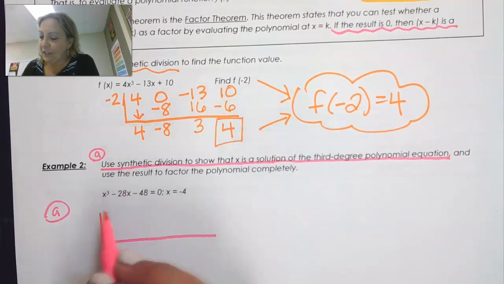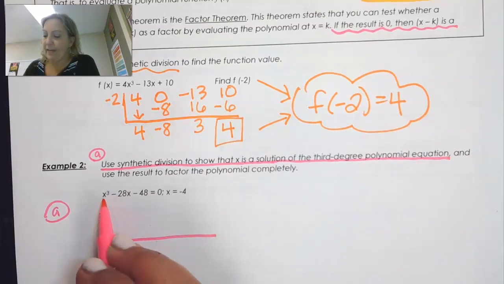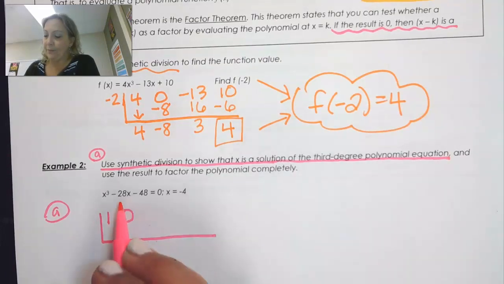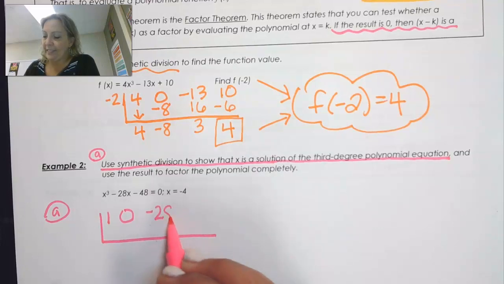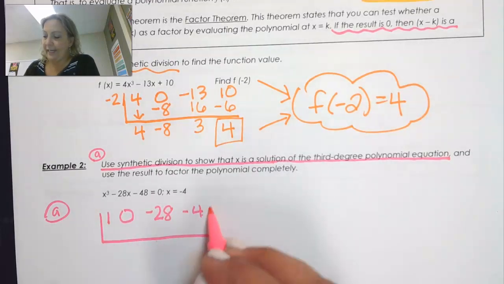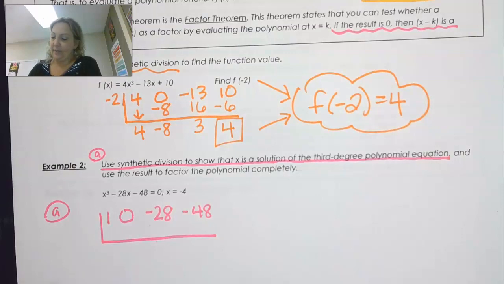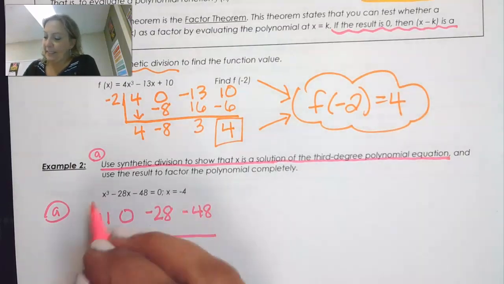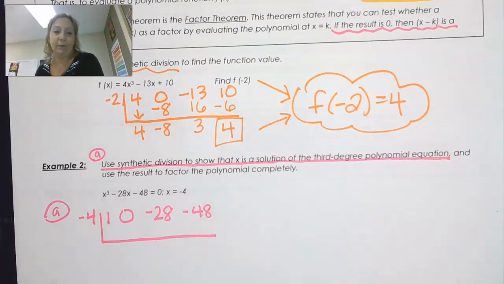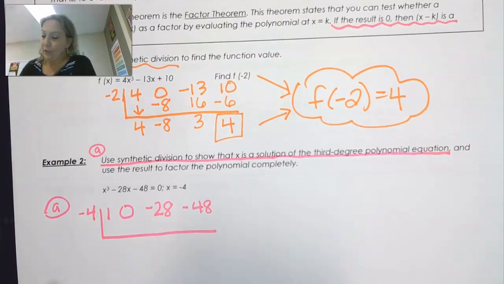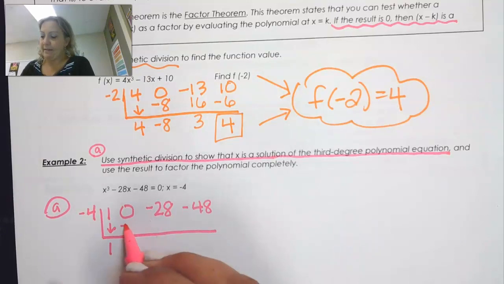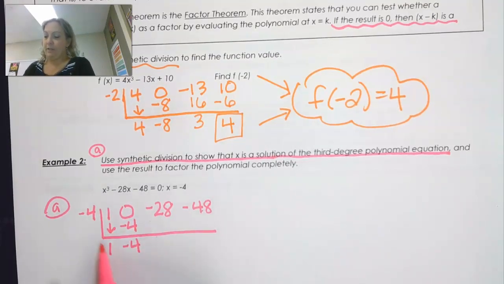So we'll use our coefficients. 1 is our coefficient of x cubed. Again, there's no x squared term, so we'll use 0. Then negative 28 and negative 48. And x equals negative 4 is the value that we'll use here. So we're going to bring down our 1, multiply, and add. Multiply and add.